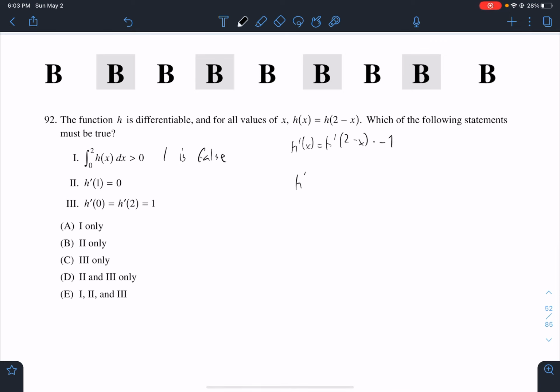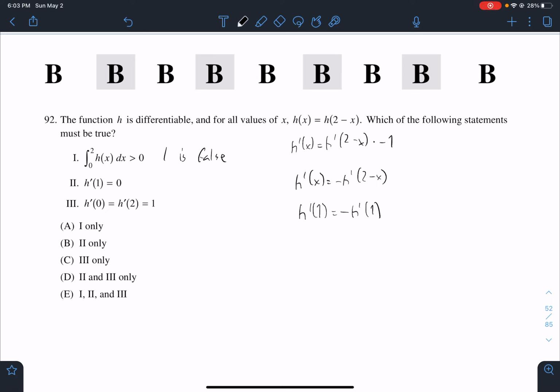So h prime of x equals negative h prime of 2 minus x. And so h prime of 1 is going to be negative h prime of 1. And so we don't exactly know if this is going to be 0, because we don't know what h of 1 is. So we're unsure on 2 as well.